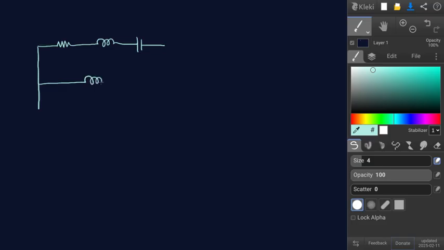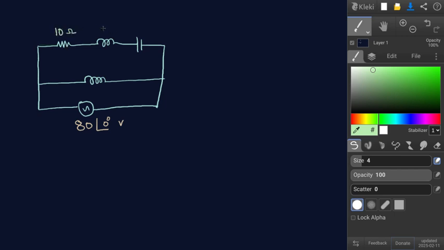In this branch, I will add an inductor. The voltage remains the same as earlier, that is 80 at angle 0 degrees. This is the voltage, and the values are, this is 10 ohms.